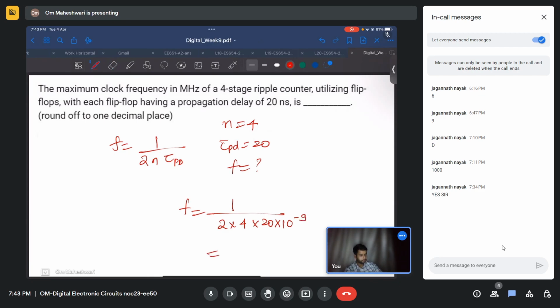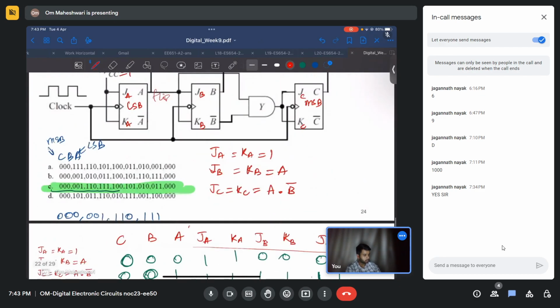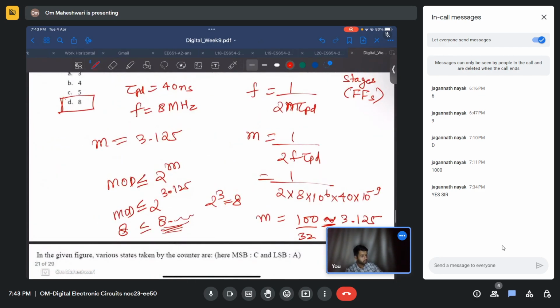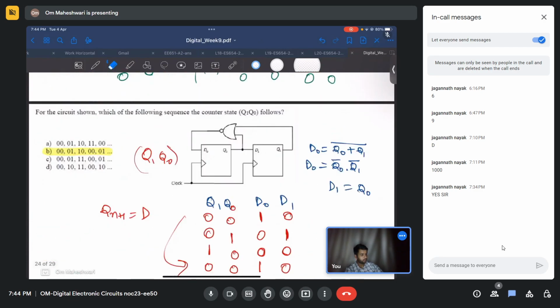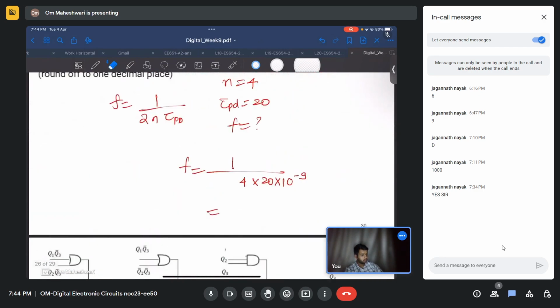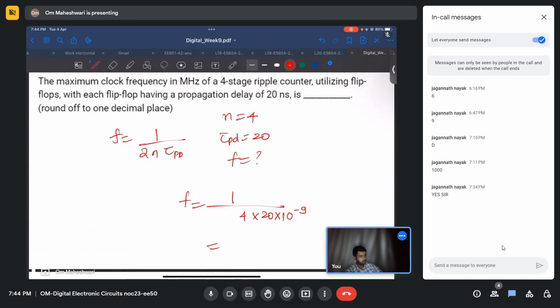In the previous question also it is n tau pd. It's n times tau pd.